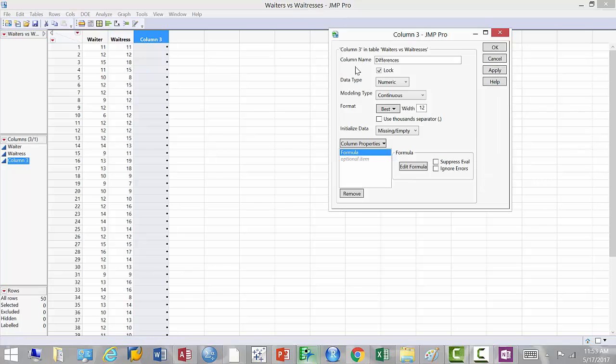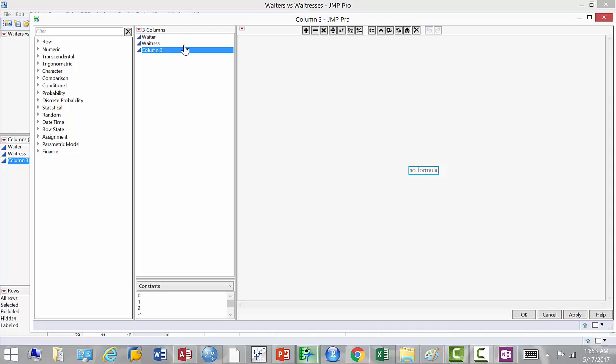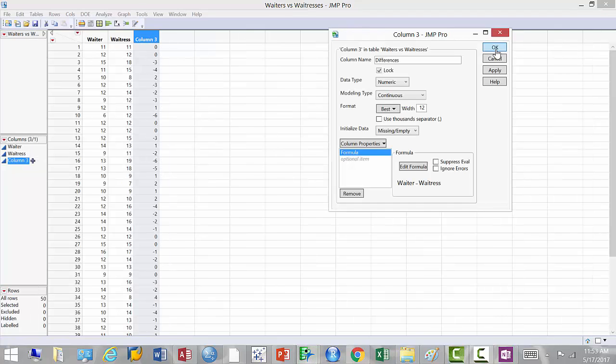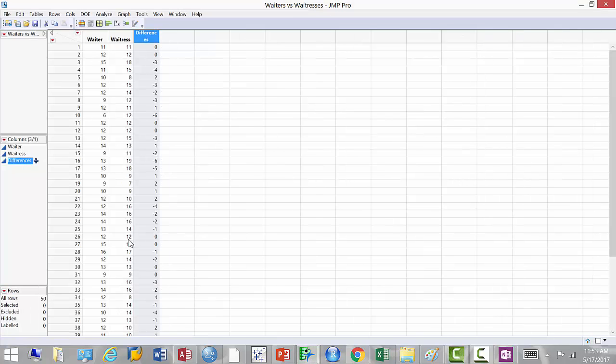So I pick a formula, and then I edit the formula. I'm going to say waiter minus the waitress, and it computes the numbers for me. As you can see, some numbers are zeros. I don't have a lot of them. Some numbers are negative. Few of them are positive. So it's not clear cut, right? What's going on?